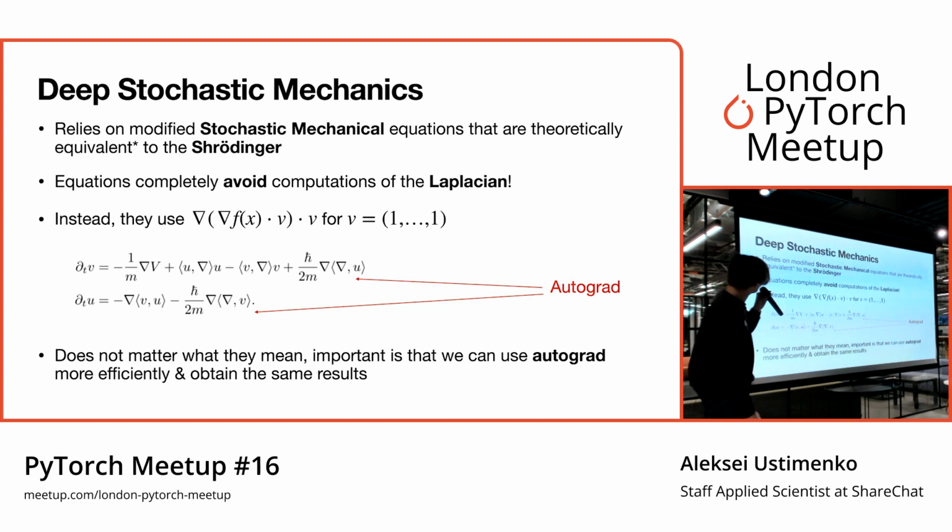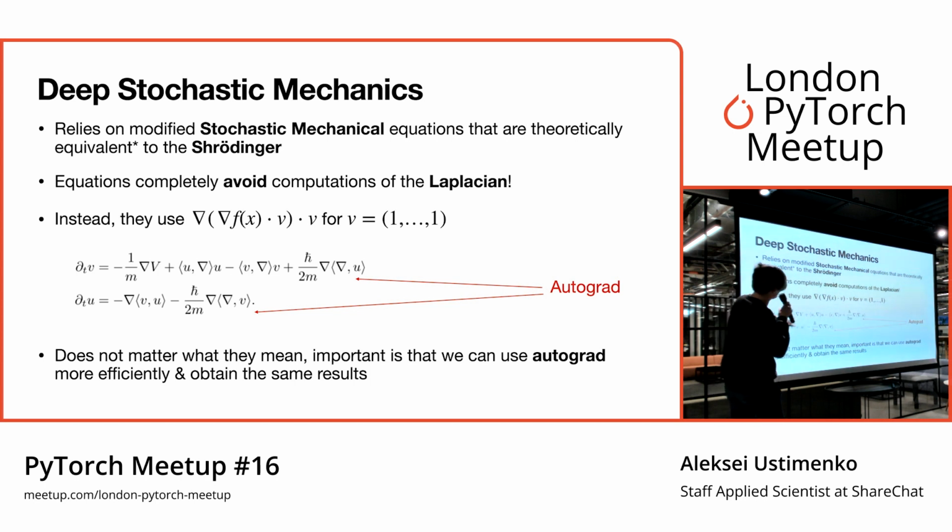So here are some other equations that we use, and it doesn't actually matter what those equations mean. The important thing is that there is no Laplacian anywhere. It purely relies on Jacobian vector products.